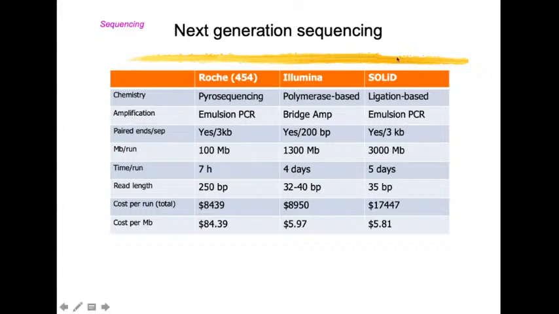Roche, Illumina, and SOLiD have chemistries that are pyrosequencing, polymerase based, and ligation based, whereas the amplification is done by emulsion PCR and bridge amplification. From the time point of view, Roche is the best, and it is a bit cheaper, though cost per MB is a bit more expensive as compared to Illumina.